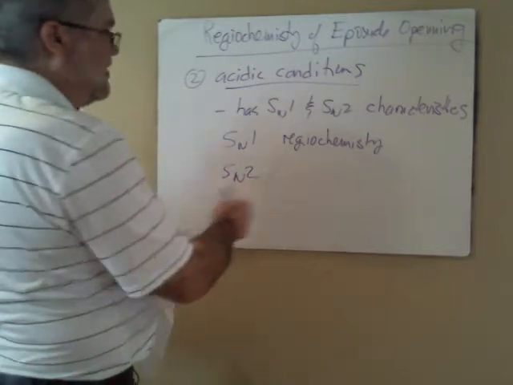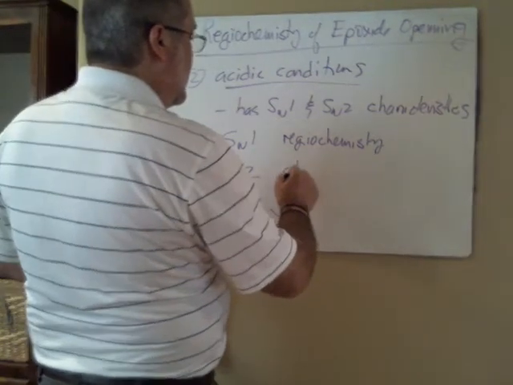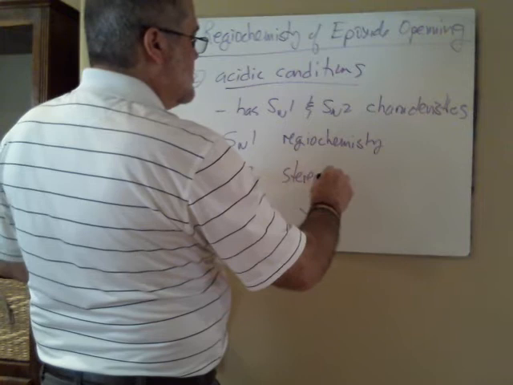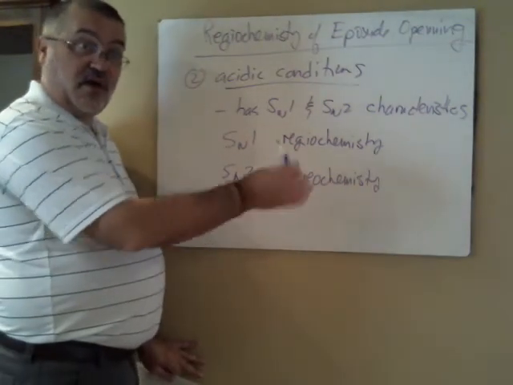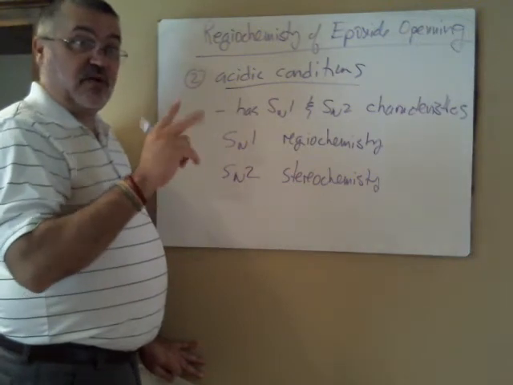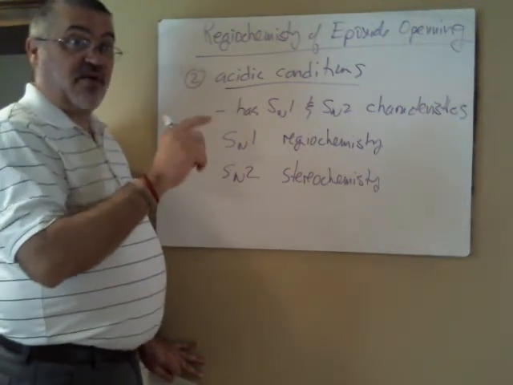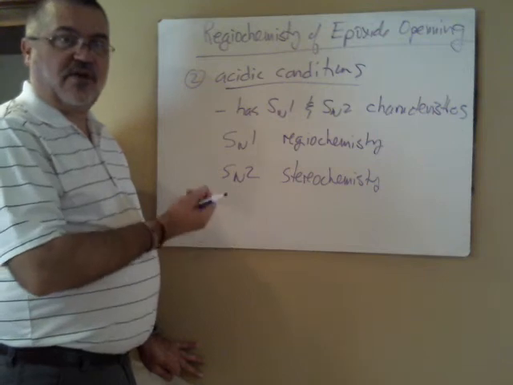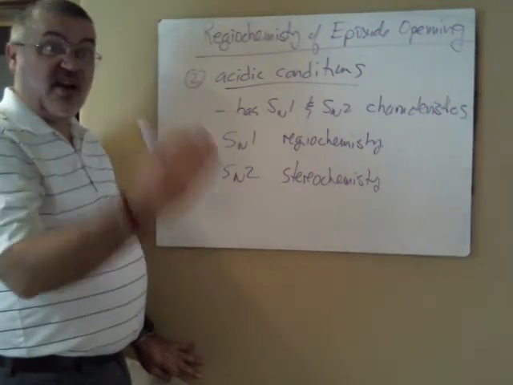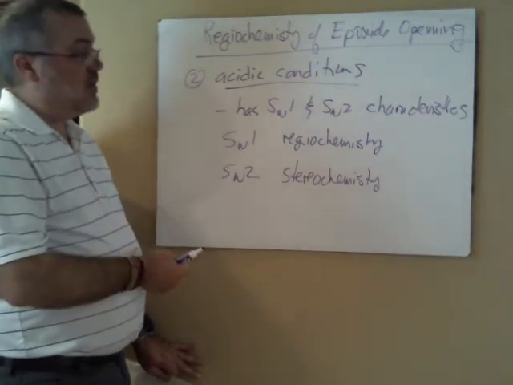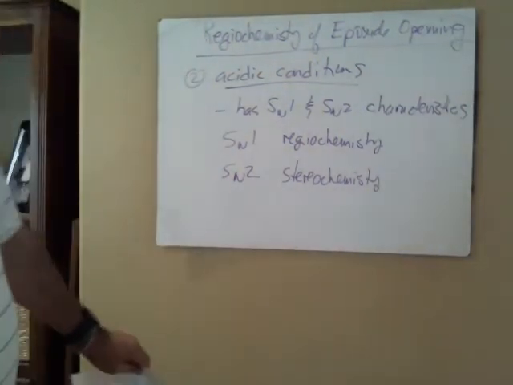We're going to have SN2 stereochemistry, which means that the nucleophile is always going to come, there's not a mixture in terms of stereochemistry. Nucleophile is always going to come from the opposite side, the inline mechanism. Comes in 180 degrees from the leaving group. Okay, so those characteristics are going to come into play.